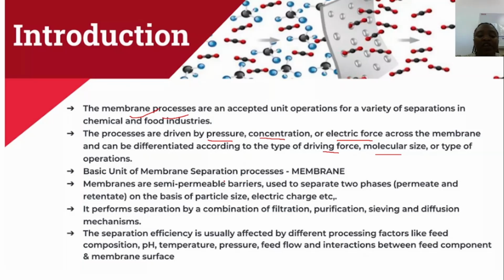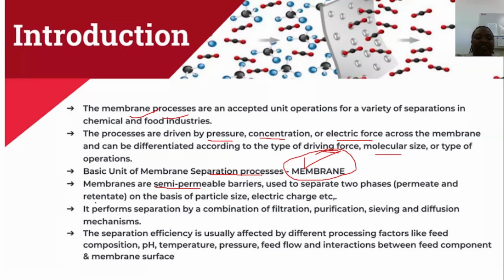So the basic unit of membrane separation processes is the membrane. Very important. This is the basic unit that we are using in all these methods. Membranes are usually semi-permeable barriers that are used to separate two phases. One of the phases is called the permeate, which is able to pass through the semi-permeable membrane.